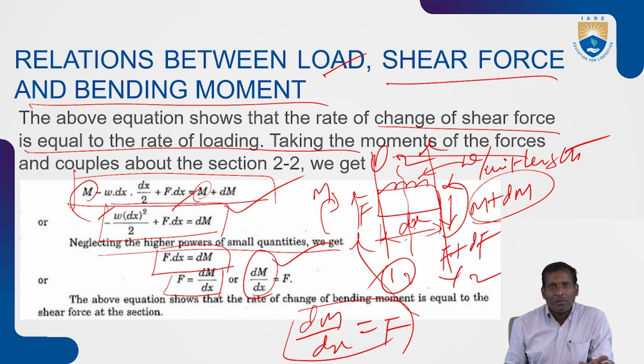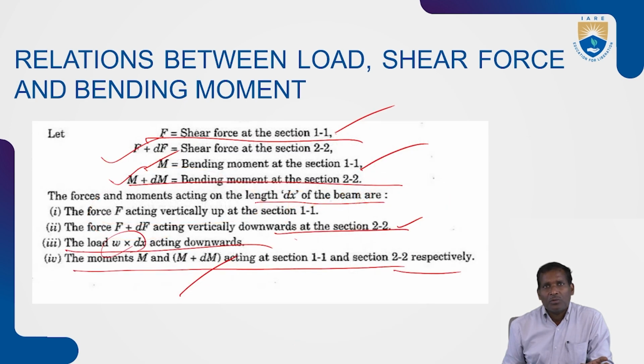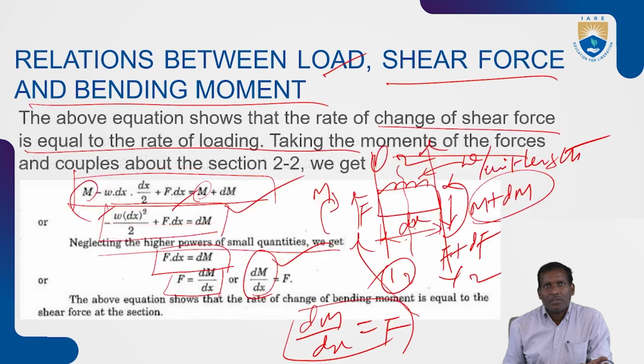So the rate of change of bending moment is equal to the shear force at the section. Another one, after resolving the forces, the rate of change of shear force is equal to the rate of loading.